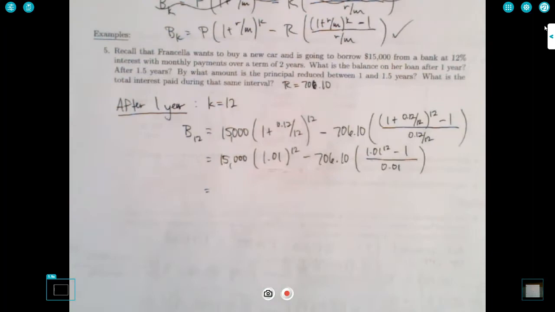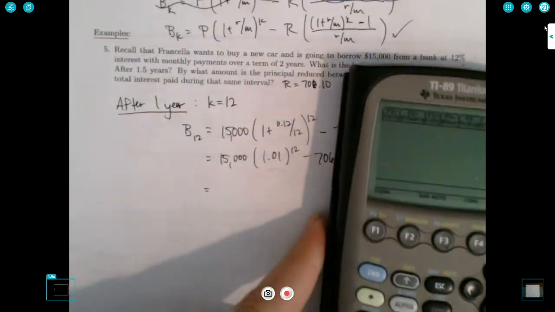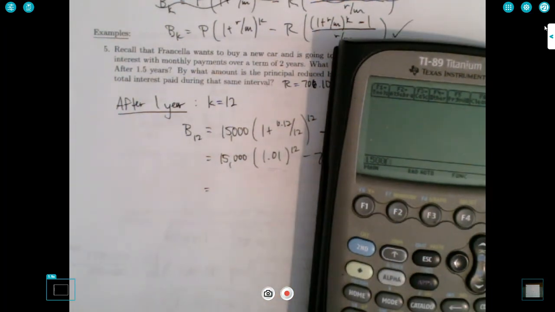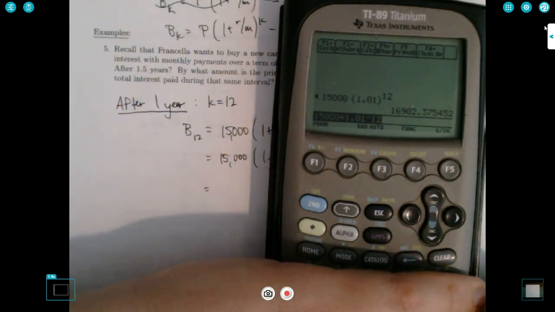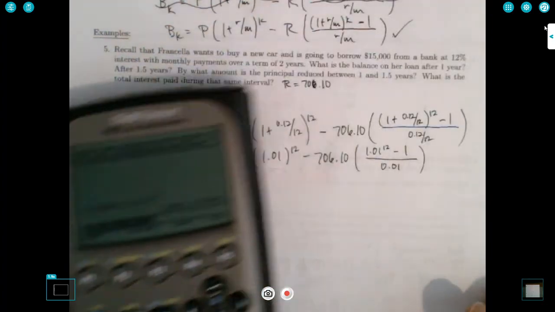So I can do in my calculator now 15,000 times 1.01 to the power of 12. Comes out to $16,902.38, we'll say.